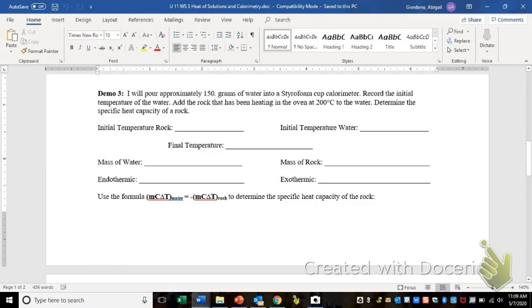Okay, so what do we know? Since the rock was in the oven for a long time, we're going to assume that the rock was at 200 degrees. We measured the water, which was exactly 22. And the final temperature, 45.8, I think that's what I said. The mass of the water was 150 this time.